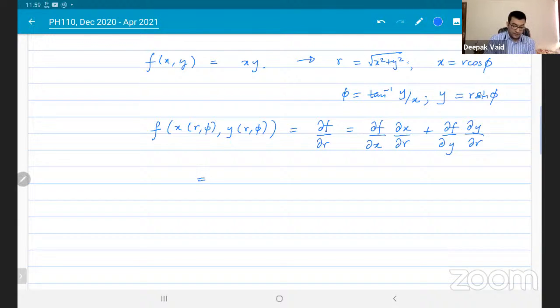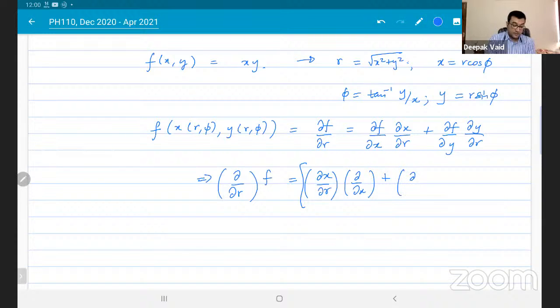So then again, I'm writing this as d by dr of f is equal to dx by dr, d by dx, plus dy by dr, d by dy, whole thing at 1x, right? It's exactly the same expression.